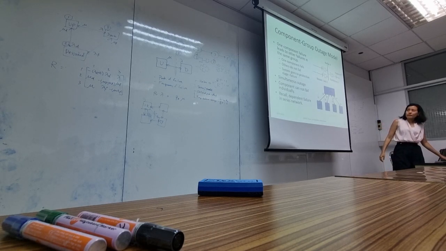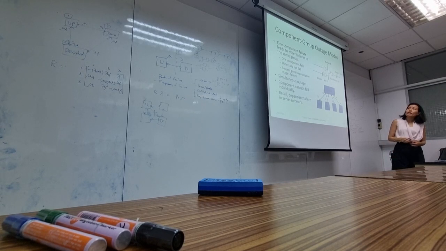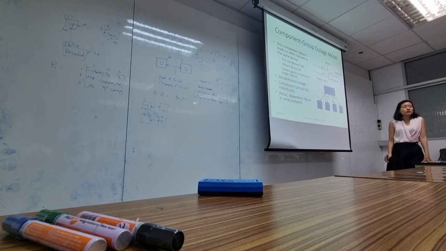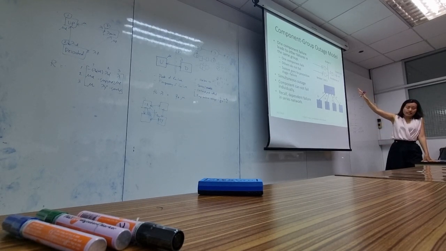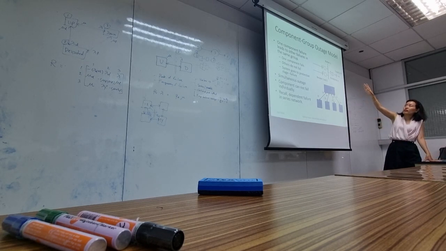Okay. The next one is the component group outage model. The component group outage model looks at, for example, a substation. Okay. You have a transformer, you have the load, you have a bus bar, you have circuit breakers. If one component fails, it leads to other failures in the same group.